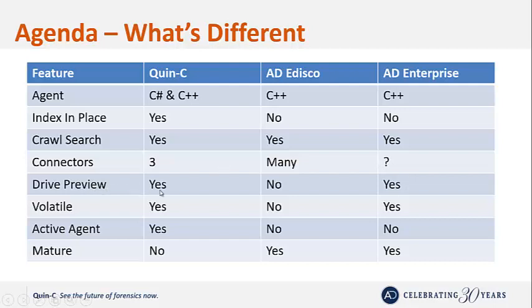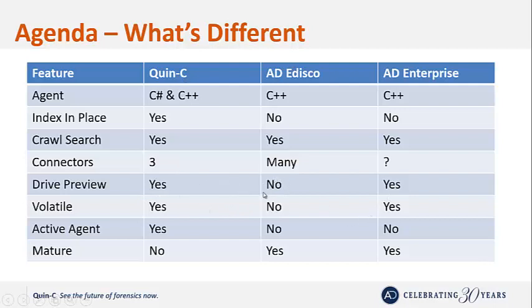Drive Preview. This is the kind of interactive investigations that you expect and primarily utilize Enterprise for, but that are not in eDiscovery. And this is sort of a fundamental difference again between Quincy and these other solutions.